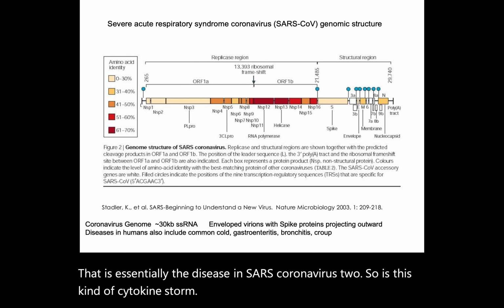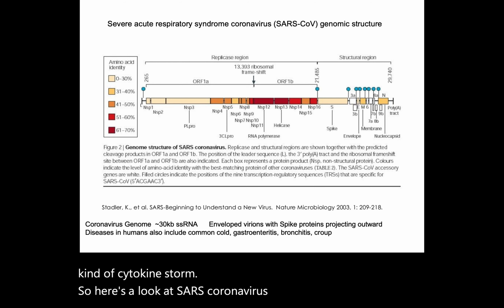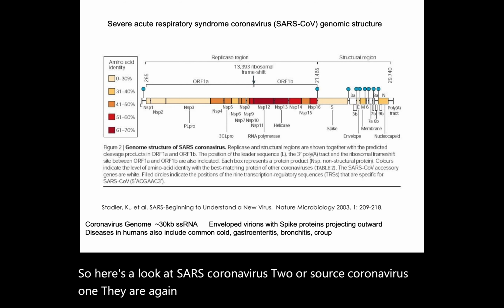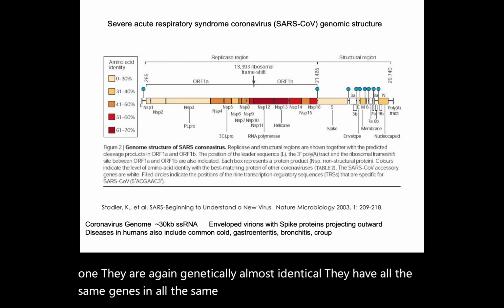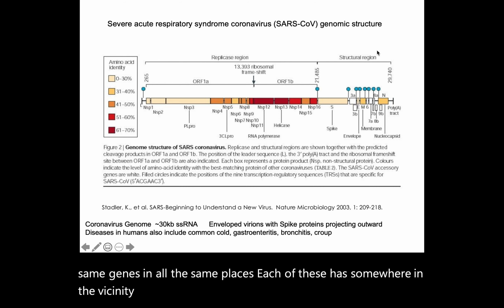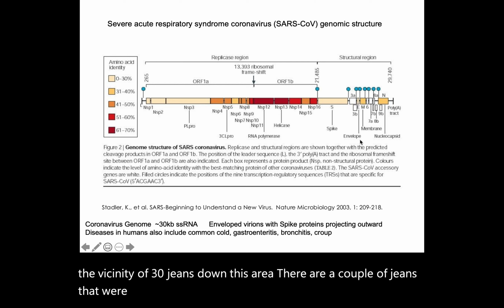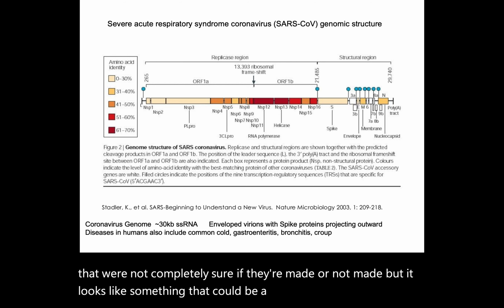So here's a look at SARS coronavirus 2 or SARS coronavirus 1. They are, again, genetically almost identical. They have all the same genes in all the same places. Each of these has somewhere in the vicinity of 30 genes. Down in this area, there are a couple of genes that we're not completely sure if they are made or not made, but it looks like something that could be a gene, and so that's the uncertainty there.